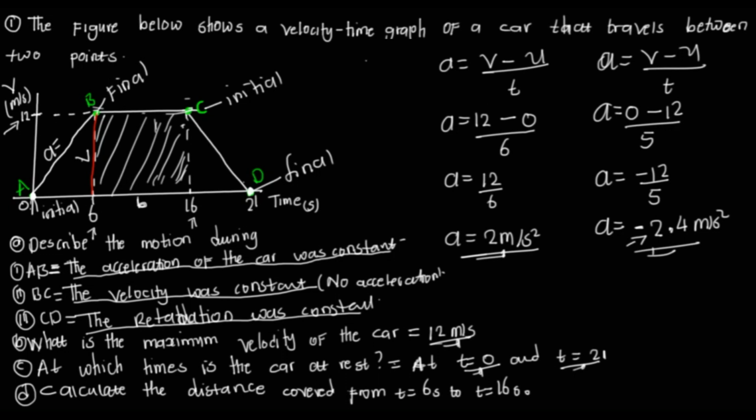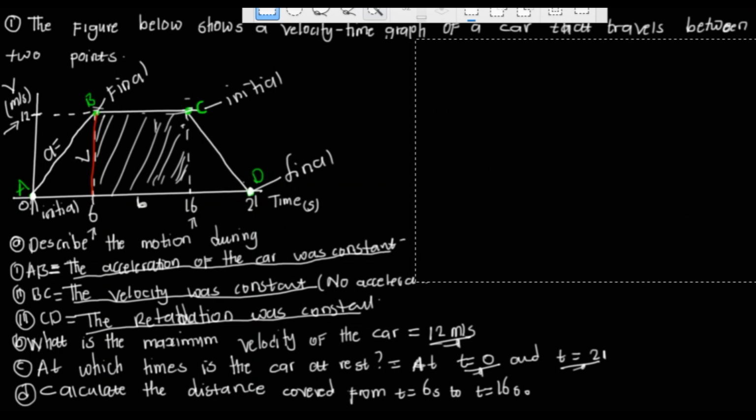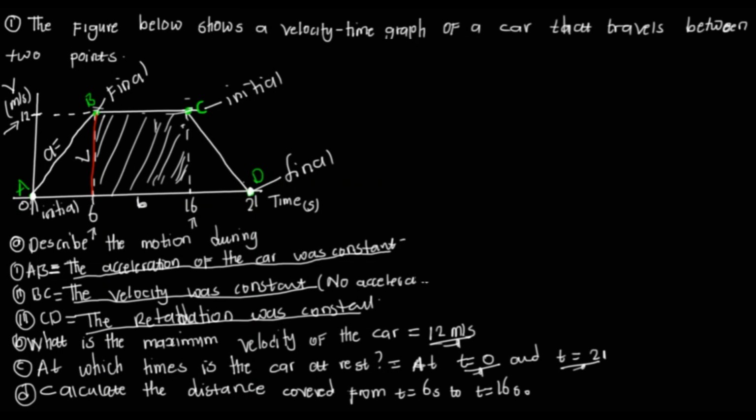Then also, the other question that we may encounter, you may have a question where you are told to find the total distance traveled by the car. So the total distance can be calculated by finding the total area of this shape, and we are able to see that we have a trapezium.